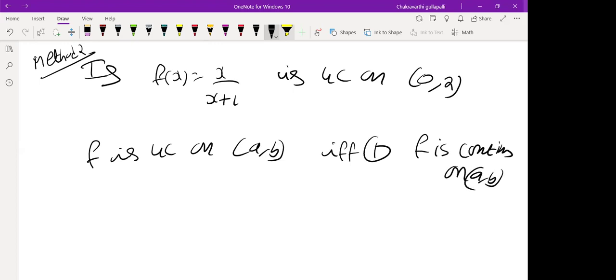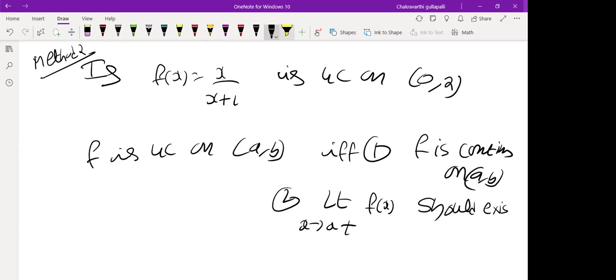Next, limit x approaching a plus of f(x) should exist. Number 3, limit x approaching b minus of f(x) should exist.